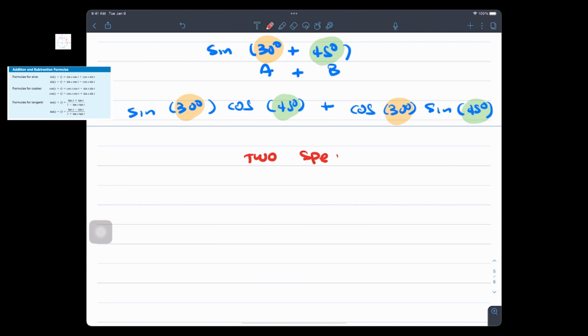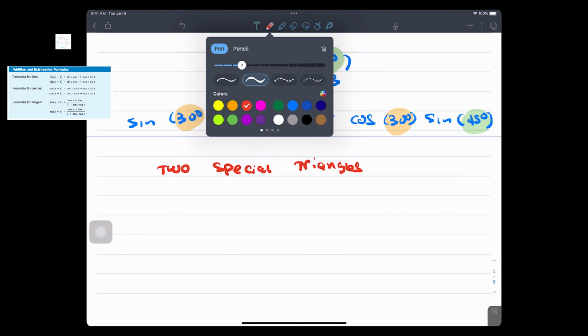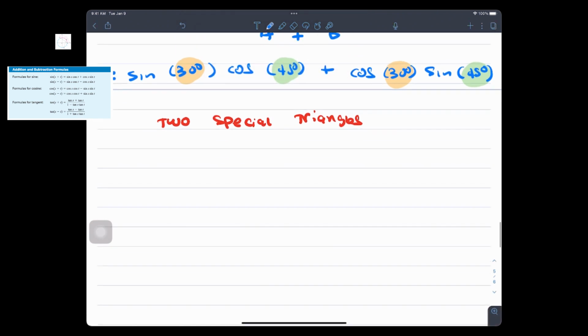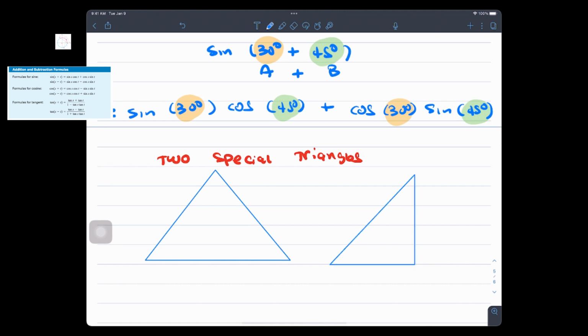There's only two special triangles to know. This one and what? This one.